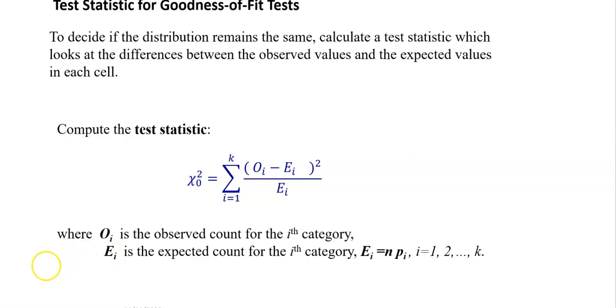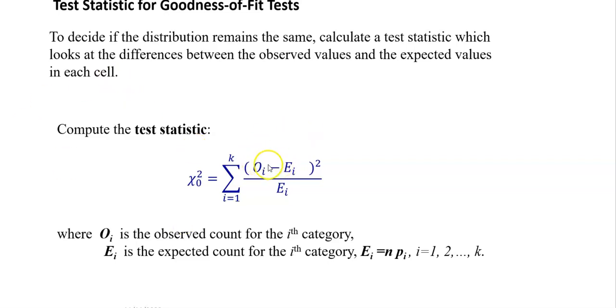So expected value for category i, the expected count for the ith category, equals the number of observations times the probability in the specific distribution. So out of n observations, how many do you expect for category i is the expected value. O_i represents the given observed count in the sample data set for the ith category.